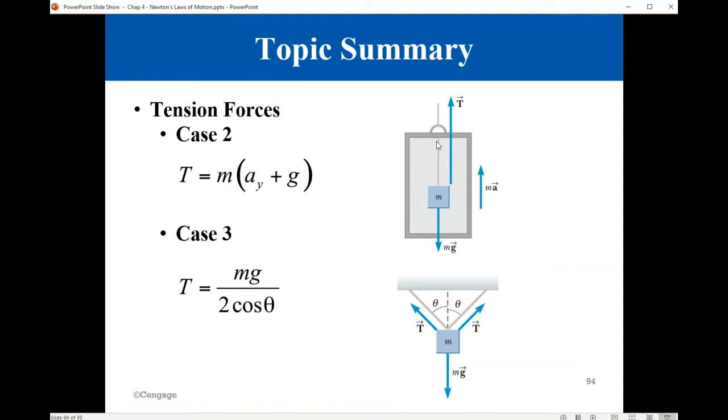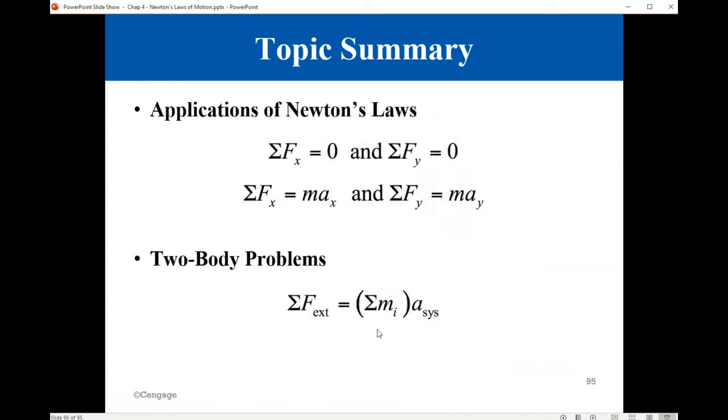If we have a moving system, from Newton's second law we can calculate the tension. And if it is at rest, from static equilibrium, you decompose the tension forces and make the y forces 0 and the x forces 0, and you have static equilibrium. And from there, you solve for the unknown tension.